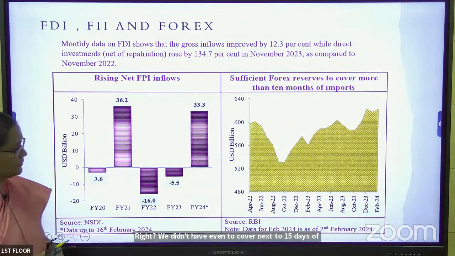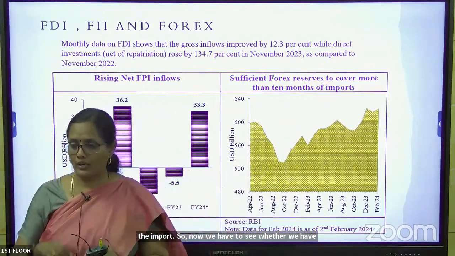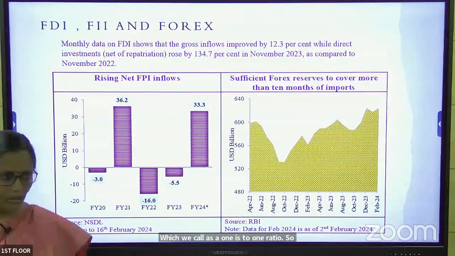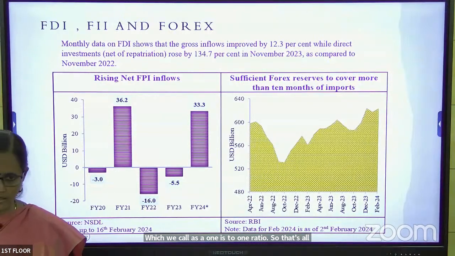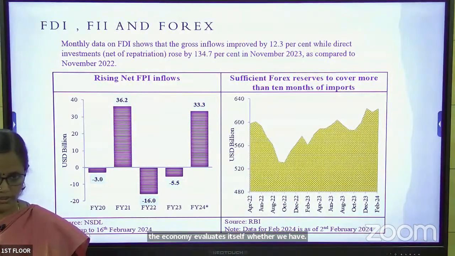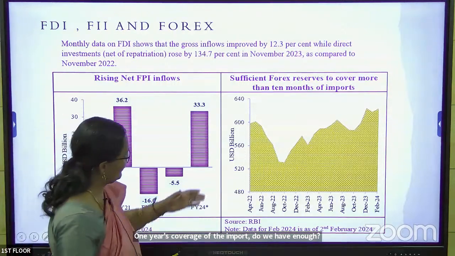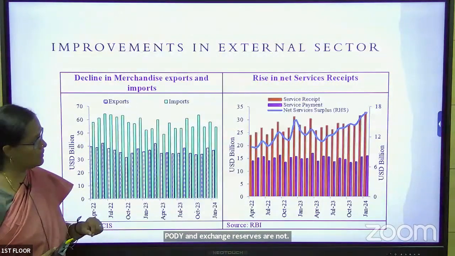So now we have to see whether we have enough resources to cover the imports, which we call the 1:1 ratio. So that's how the economy evaluates itself, whether we have 1 year's coverage of the imports. Do we have enough foreign exchange reserves or not? So we have sufficiency for more than 10 months of imports.